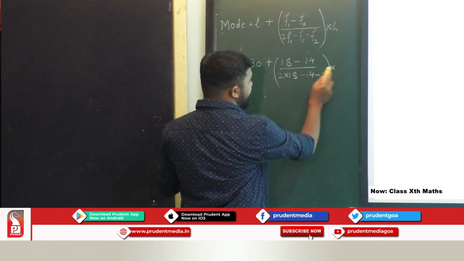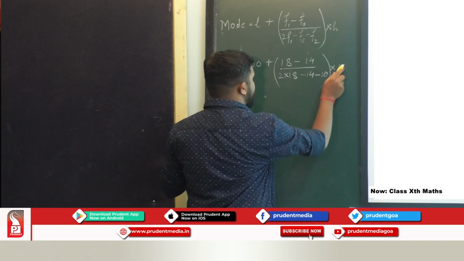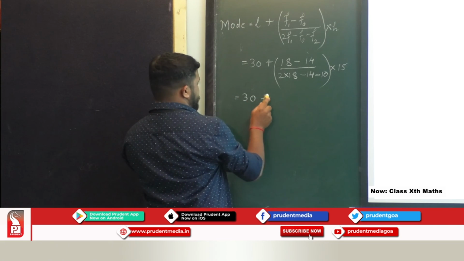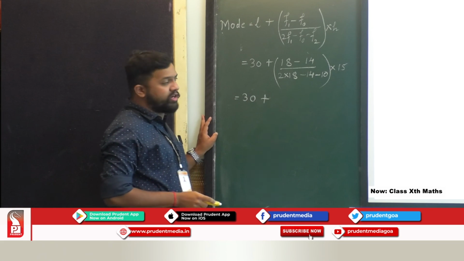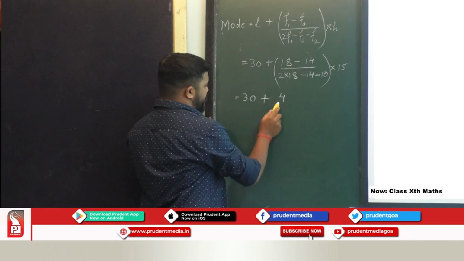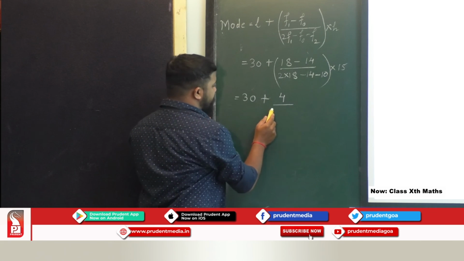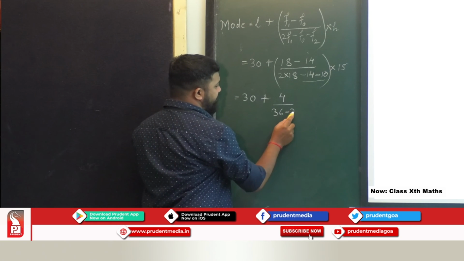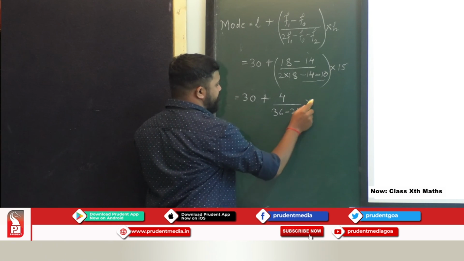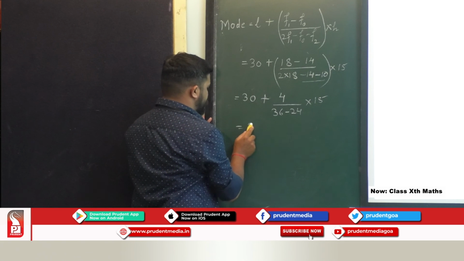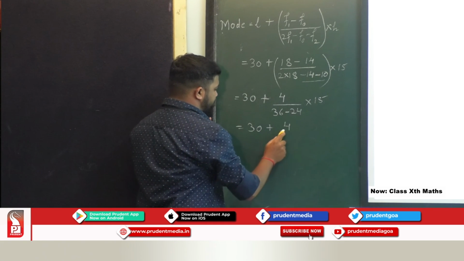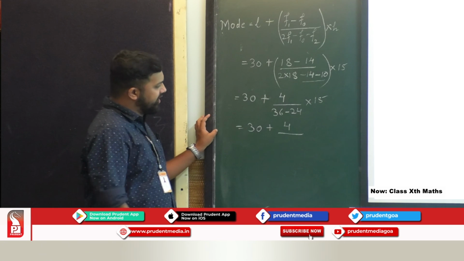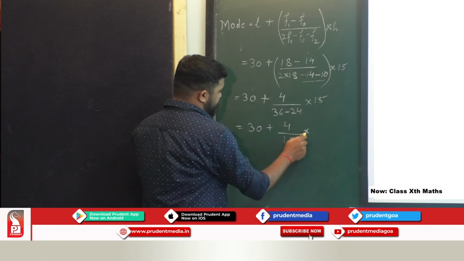Height is 15. So 30 plus, subtract now, 18 minus 14, 4, upon 2 into 18 is 36, minus, add this number first, minus 24, into 15. 36 minus 24, if you just subtract, it will give you 12, into 15.